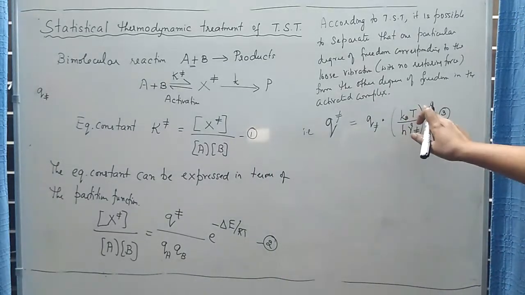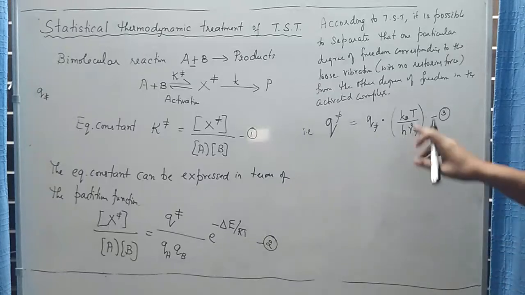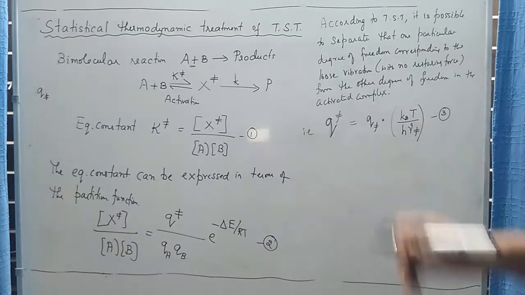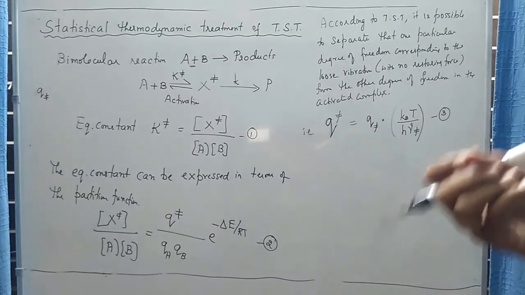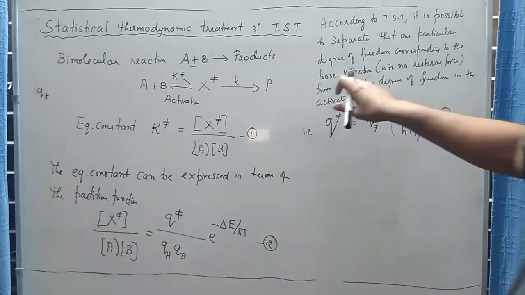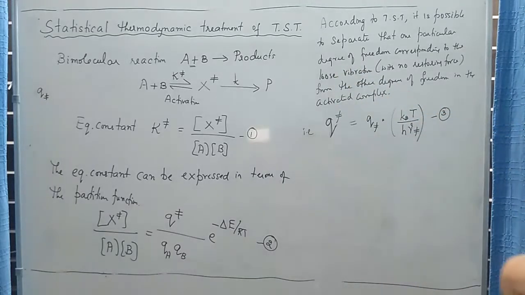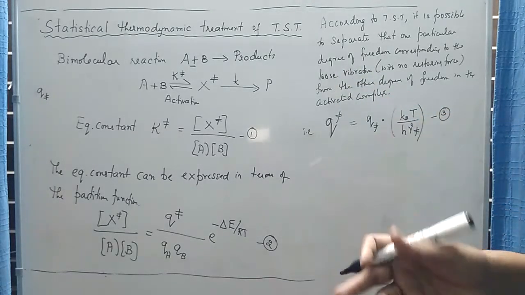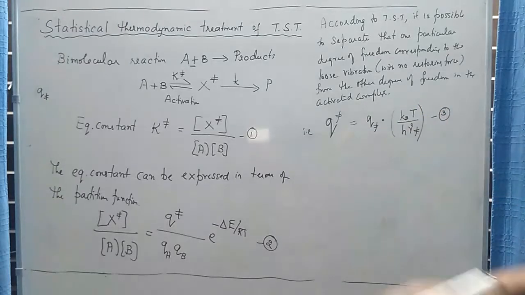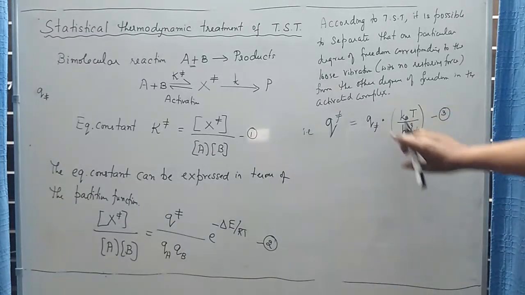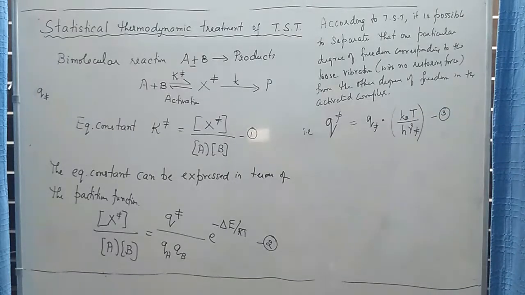What is this kB T divided by h nu dagger? It is the total partition function corresponding to this loose vibration. We have eliminated the derivation of this term here. It is possible to derive this expression using statistical thermodynamics, which we will skip here, and we'll keep things very simple.